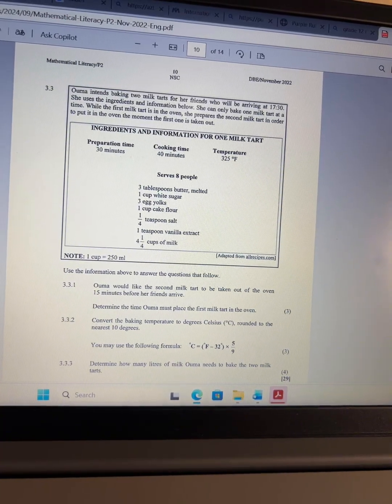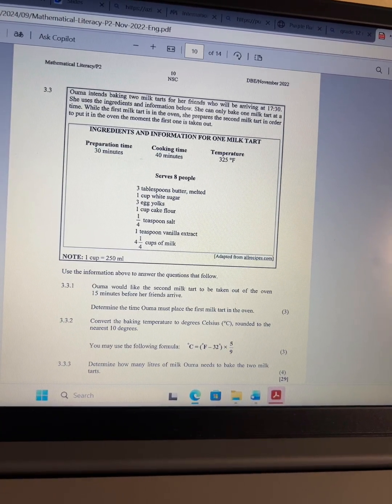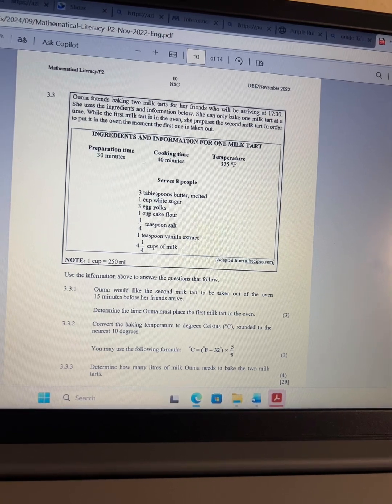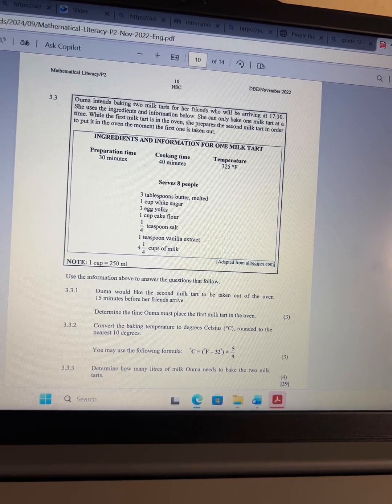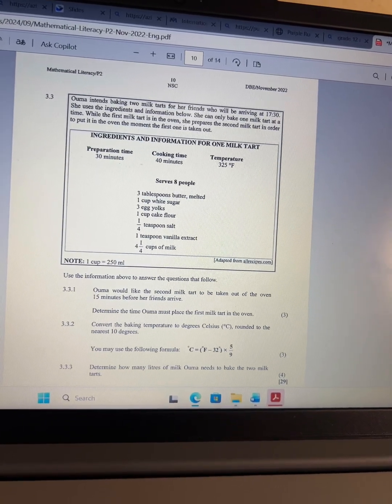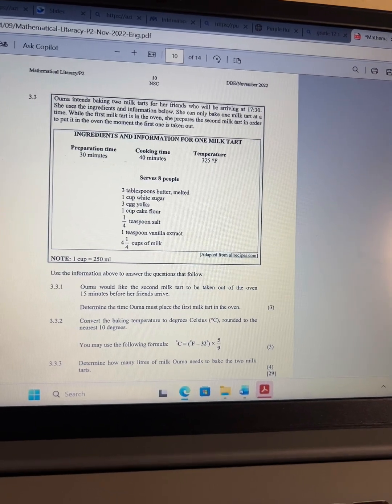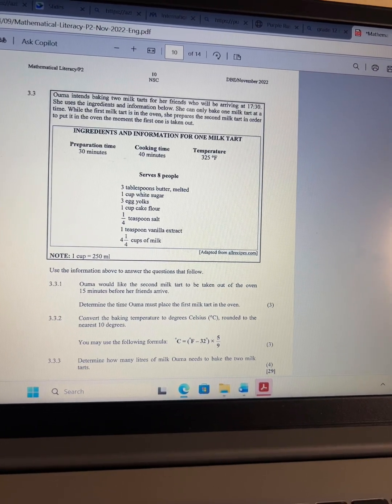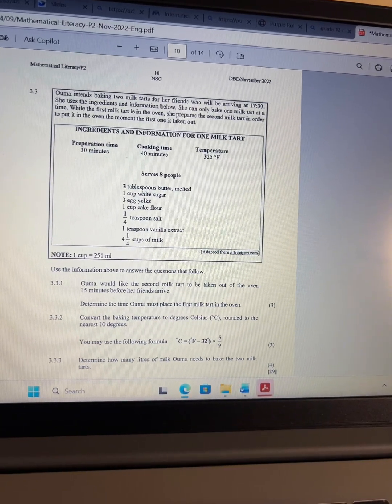Determine the time Oma must place the first milk tart in the oven. They said the friend will be arriving at 5:30.